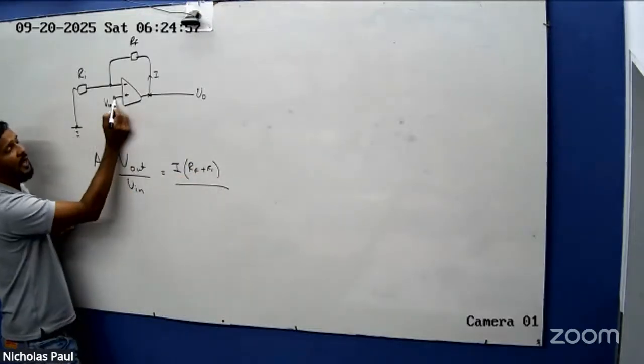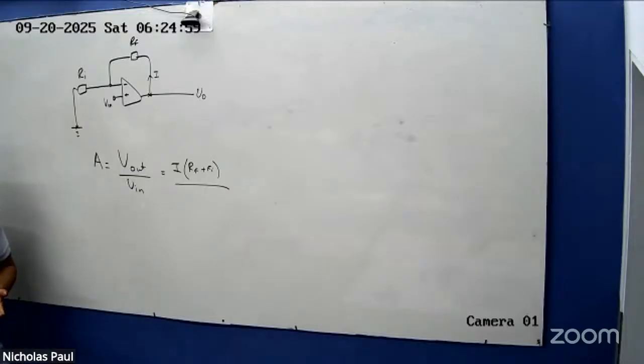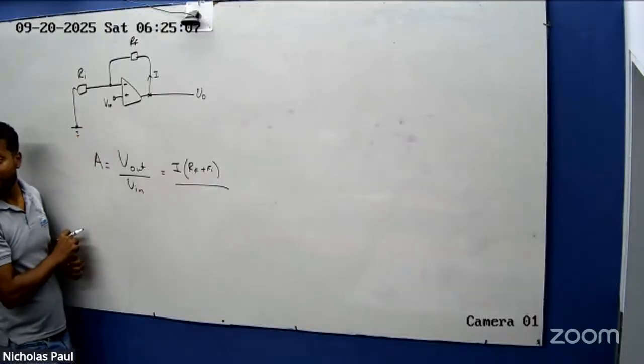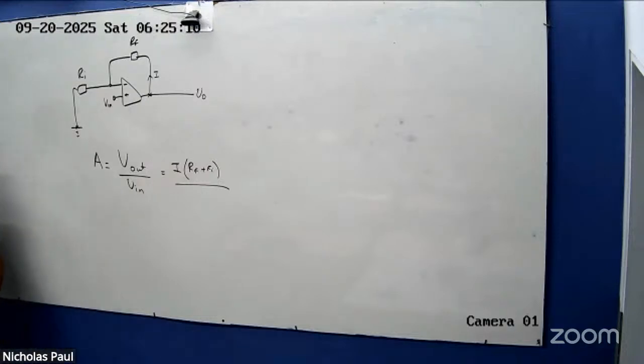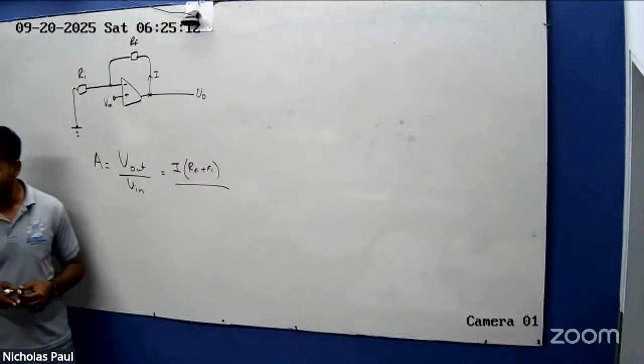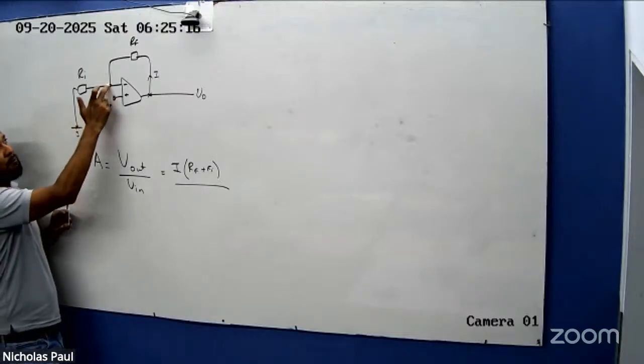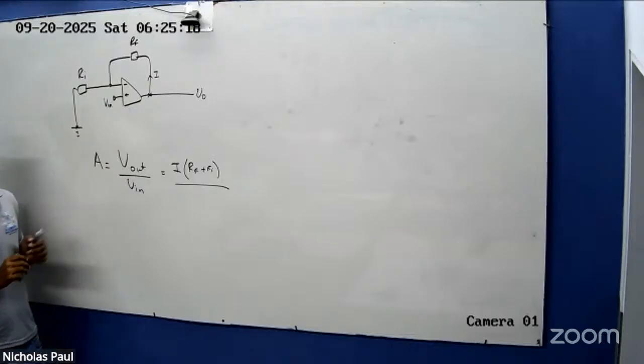Now, if I wanted to find V in, where would I connect it? Probably here and here, but that's not so helpful. But remember we did the assumptions on the op amp? One of the assumptions is that the input going into the op amp is what?